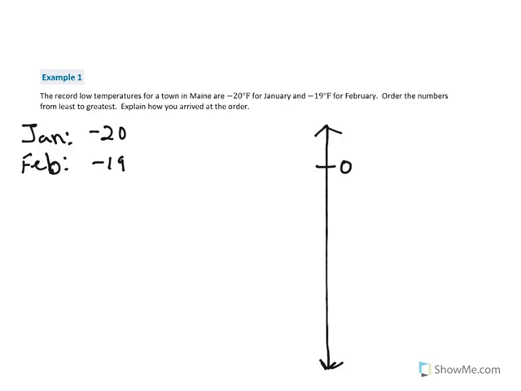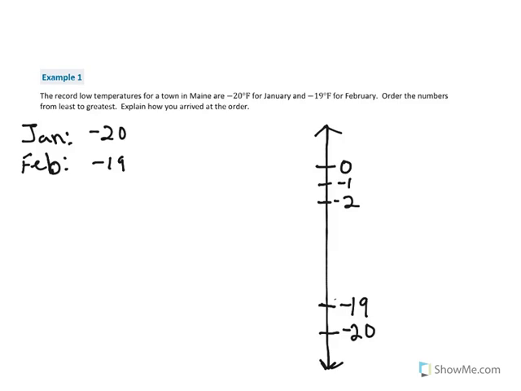So negative 1 will be here, negative 2 will be here. I'm not going to keep writing all of them down to 20. That's a lot of numbers to write, so I'm going to guess. So first would come negative 19, and then would come negative 20.